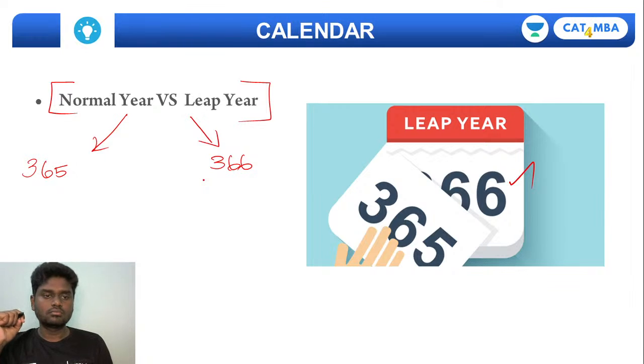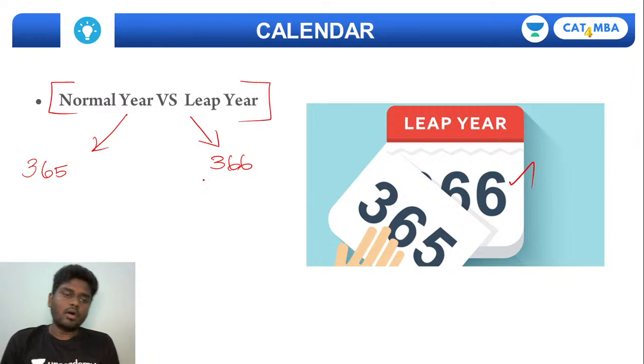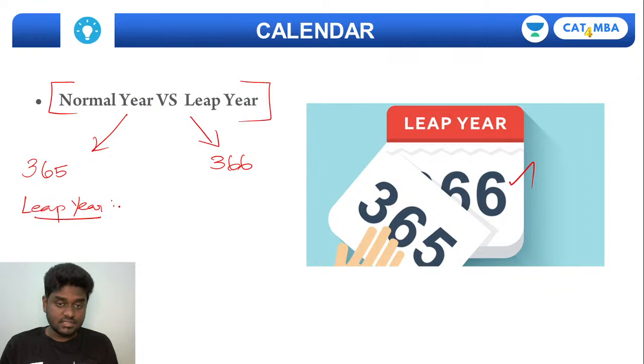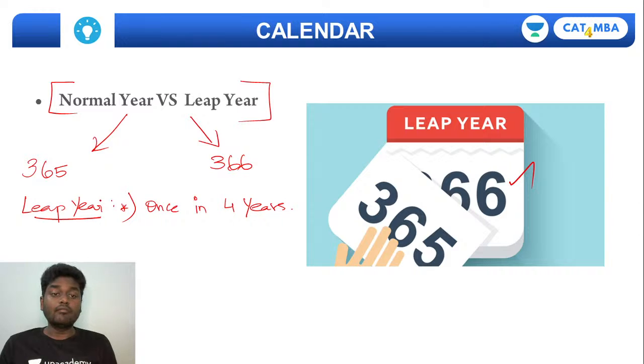One more important thing you need to know about the leap year: it has 366 days, and it happens once in 4 years. That is what everyone knows.